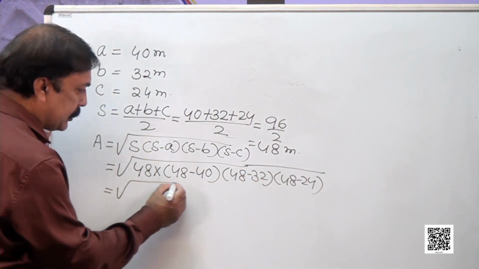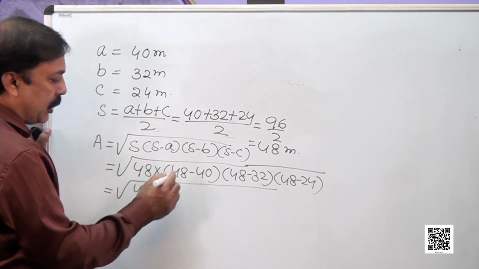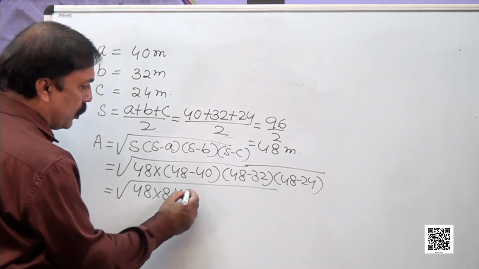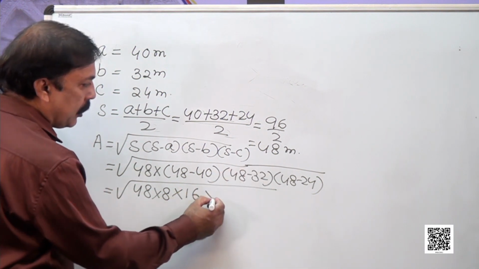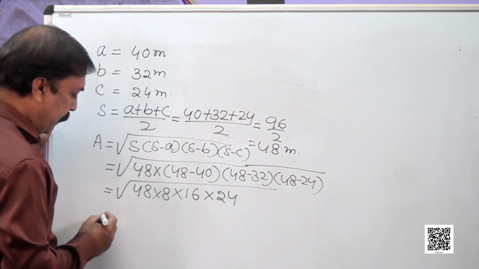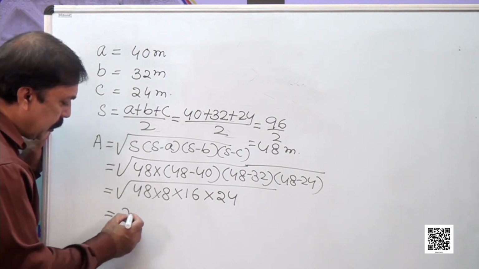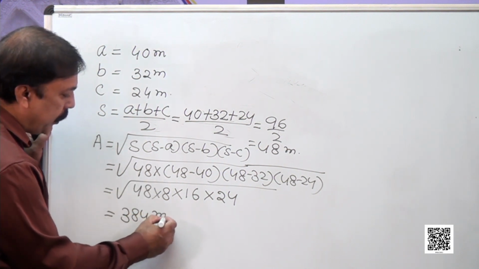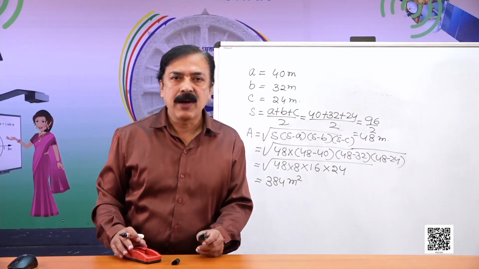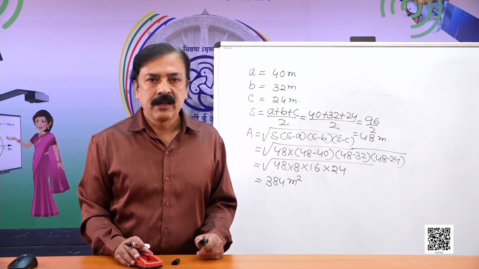We can write this as 48 into 8 into 16 into 24. If you solve this, we can get 384 meter square. That means the area of this park is 384 meter square.